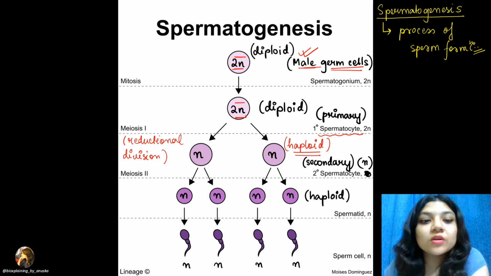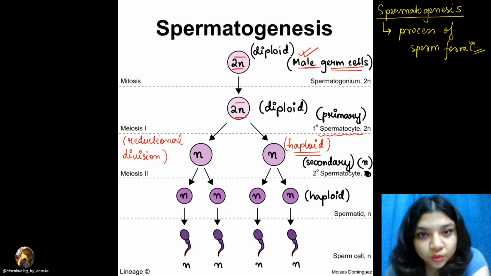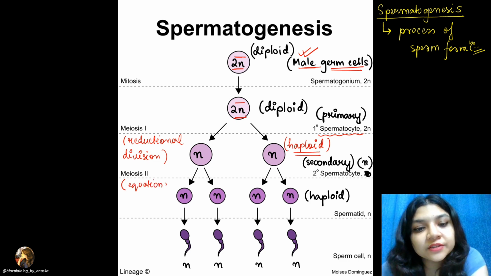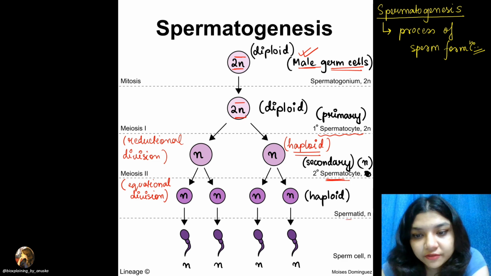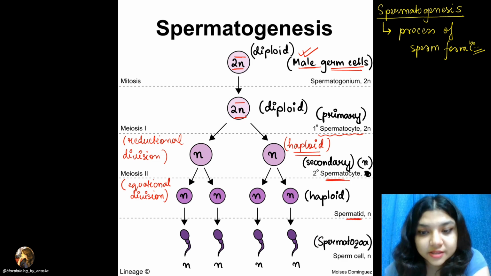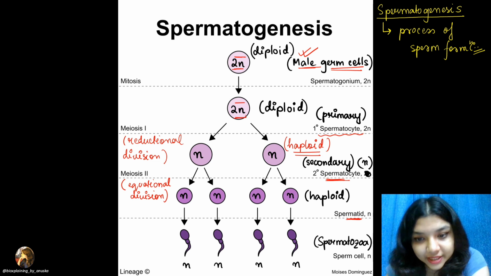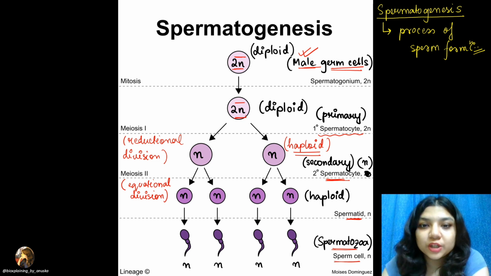And then meiosis 2 happens, which is the same as mitosis. So you can call it an equational division, meaning N will remain as N. So secondary spermatocytes have now formed spermatids, and spermatids will undergo further development to form the sperm cells, which are known as the spermatozoa.